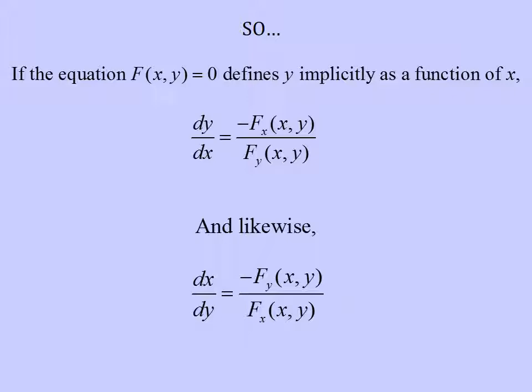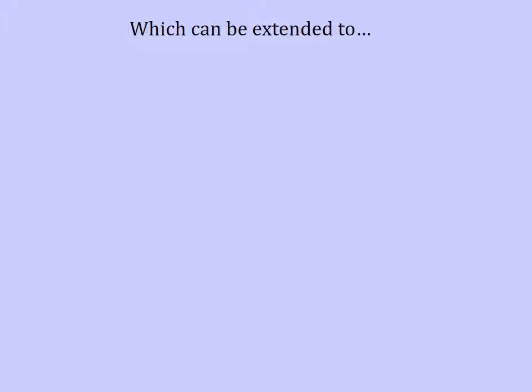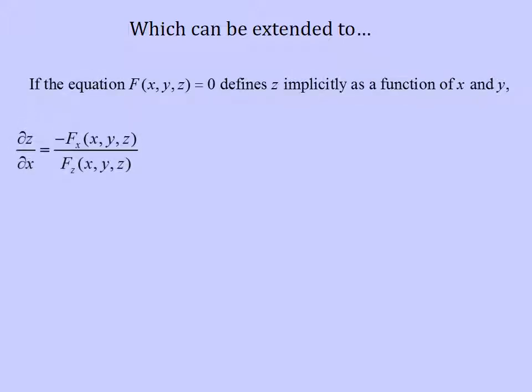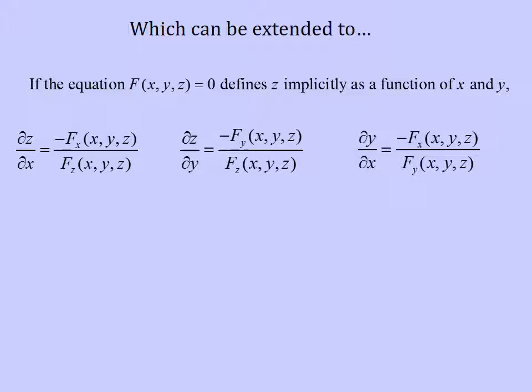If we wanted to do dx dy, look again. Here's the partial with respect to x. Here's the partial with respect to y. And we have a negative sign on it. And finally, what if we had a function of x, y, and z, or any number of variables?